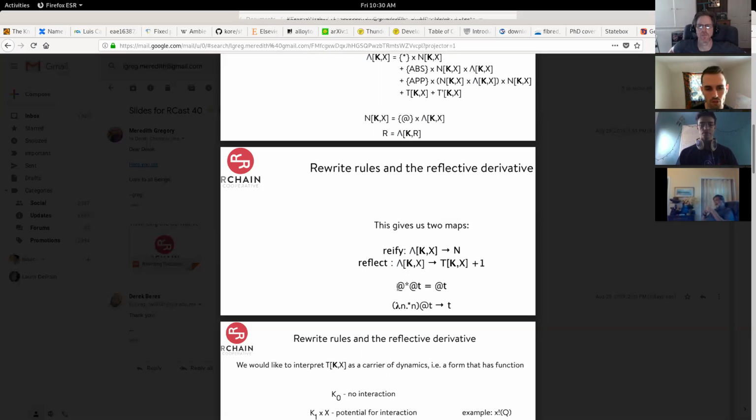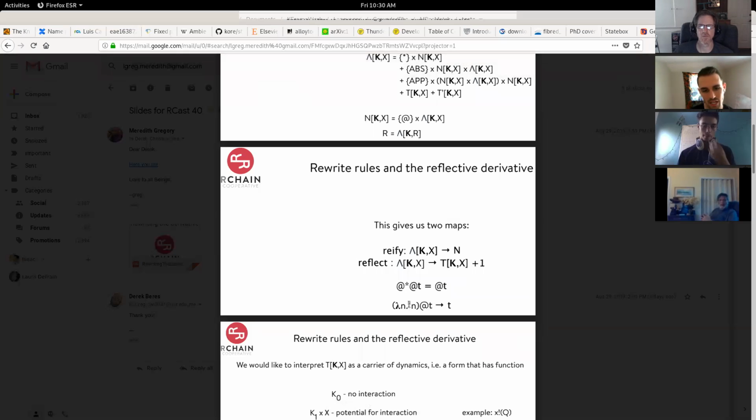I think this first equation that's written here is supposed to correspond to this reify thing. So we're basically saying, if we take some lambda term of the form star at T, and then we quote that, then we'll just get back this name at T, right? So I think that's corresponding to this reify operation here.